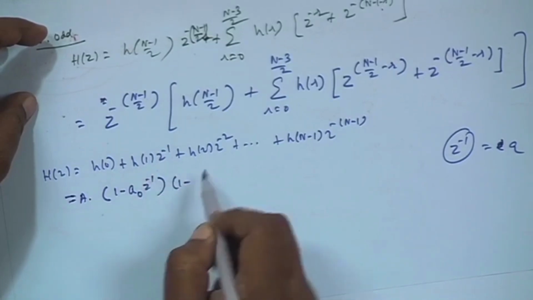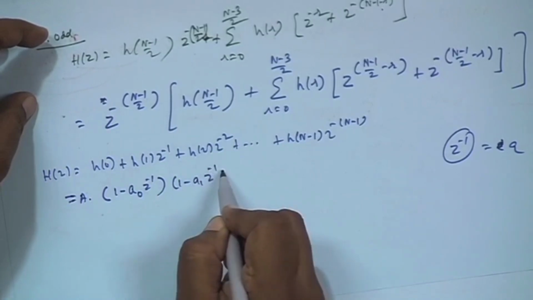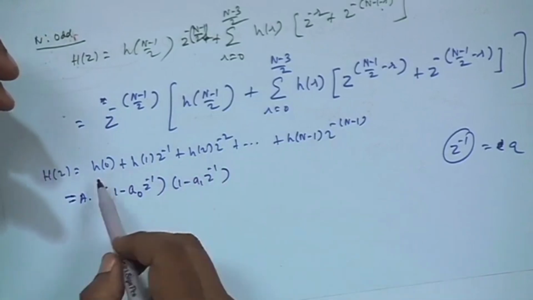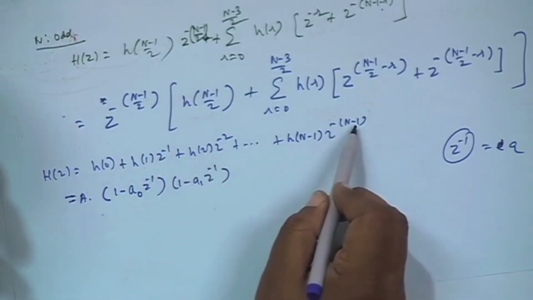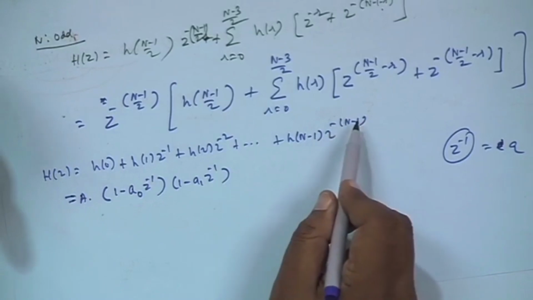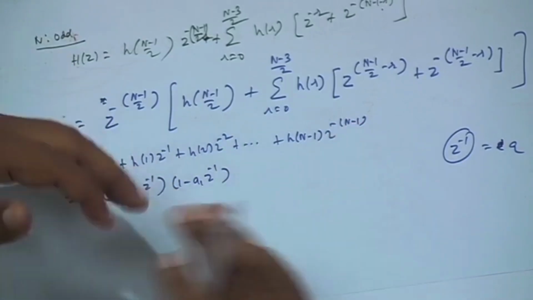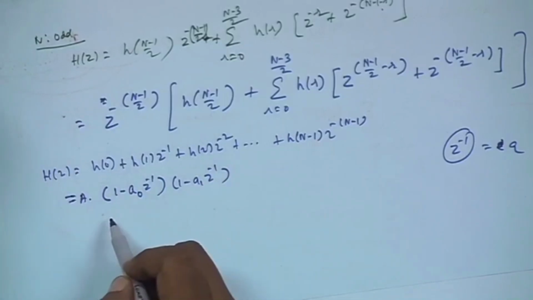Then 1 minus a 1 z inverse. After all, to make life simple, you can replace all z inverse by q. So, it will be q, q square, q cube up to q to the power N minus 1. So, it is a polynomial in q up to degree N minus 1. This polynomial can always be factorized into first order factors. The factors are in this form.